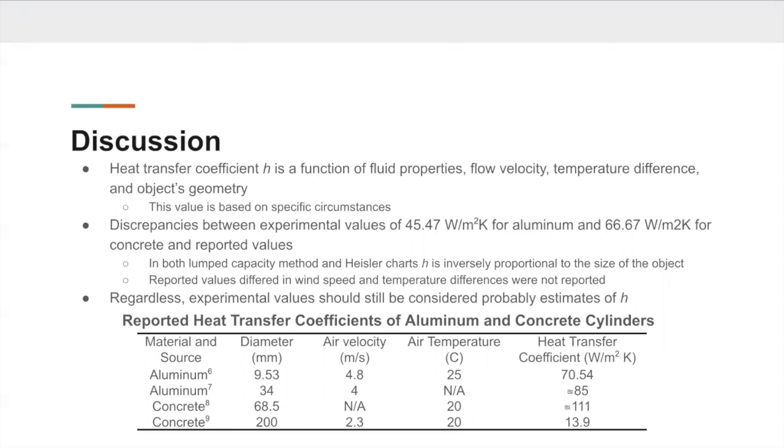And likewise, for the 76.2 millimeter diameter concrete cylinder, its coefficient value fell between the reported values, in which diameters below and above were used compared to ours. Other discrepancies between our values and reported values included different air velocities, as well as unreported temperature differences that weaken comparison. But overall, we believe that these values should still be considered probable estimates for the heat transfer coefficients of these situations.